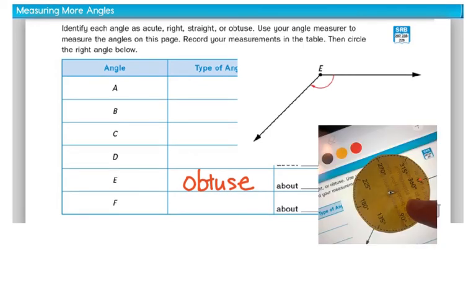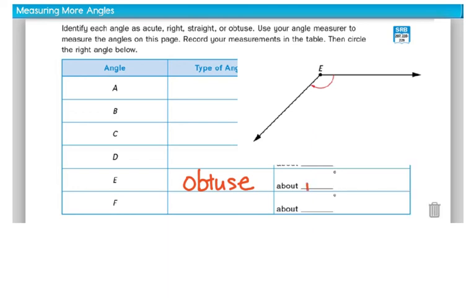Again, you can see where I lined up point E through the hole in the center of my angle measure. I lined up the ray with 0, and I can see that it is about 135, maybe just a little bit more. I'll go ahead and write 135 degrees.